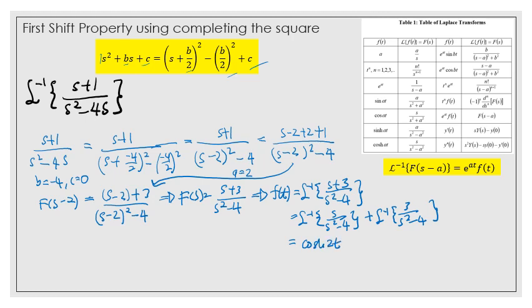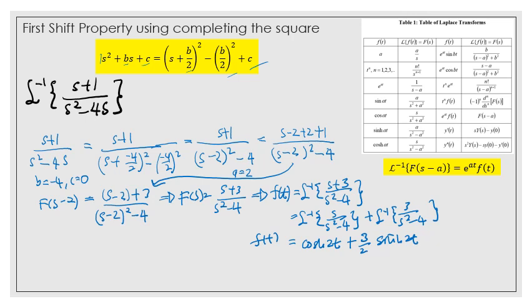Plus, this one we have s squared minus 4, it is sinh. And then 4 become 2 power 2. So bring out 3, then we have over 2 sinh 2t. Right? Maybe you can try on your own how to get this form. Okay, so we get the f(t).